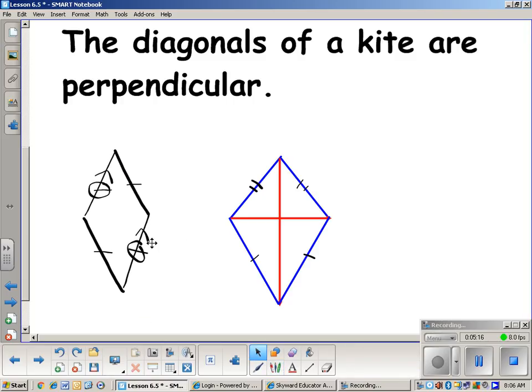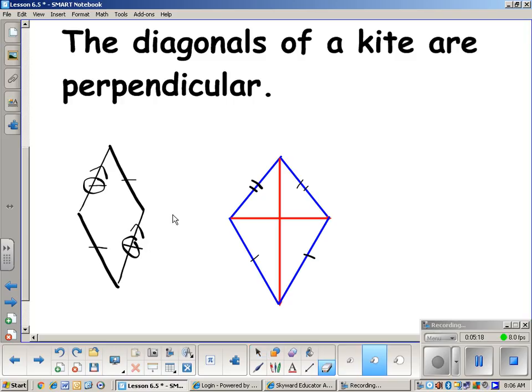Now, some books, we had a book one time that connected kites and rhombuses together, and they didn't have that opposite sides couldn't be parallel, and they were saying that a rhombus was a special condition of a kite. Okay? So there are some books that would define things differently, but our book does not define it that way. They very clearly say that a kite cannot be a rhombus by telling us opposite sides can't be parallel.